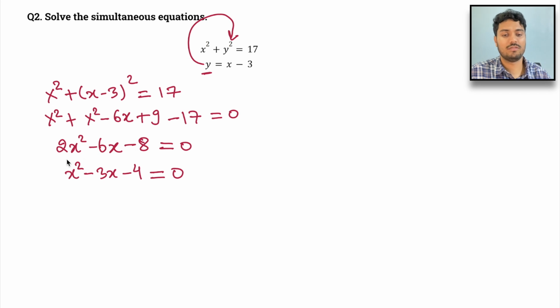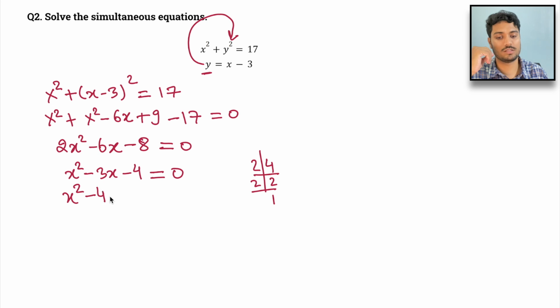Now can we solve this using factorization method? We have 4. We need minus 4. So let's say 4. 4 definitely 2 and 2, 2 and 1. Can we use 4 and 1? Let's check. Can I use x square minus 4x? I can use minus 4 and plus 1. That is possible. Minus 4 into 1.